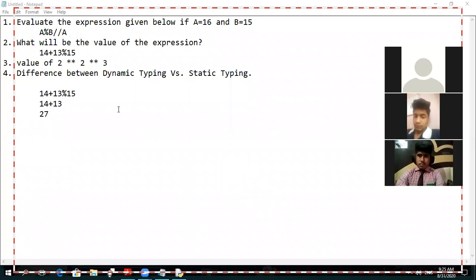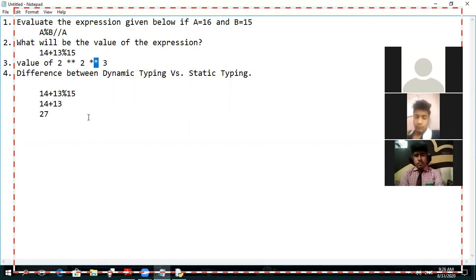Now check this. 2 to the power 2 to the power 3 means this is the sign of exponent, means the sign of power. So both the signs are same. Here in between 2 and 2 there is a power sign. Similarly 2 and 3 in between there is a power sign.